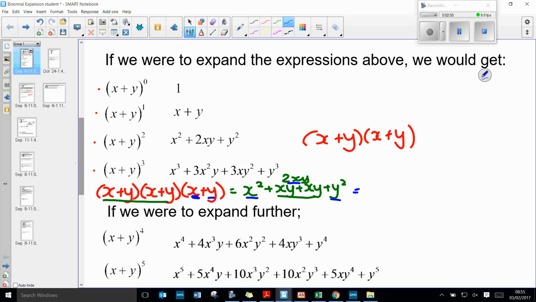So I have x cubed plus 2x squared y plus xy squared. Now I'm going to multiply them all by the y. So I've got plus x squared y plus 2xy squared plus y cubed.